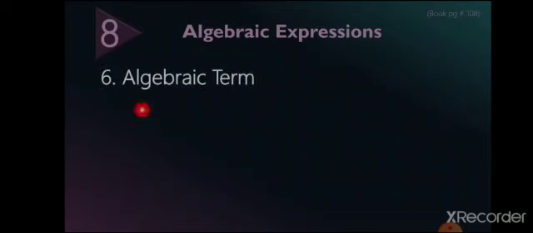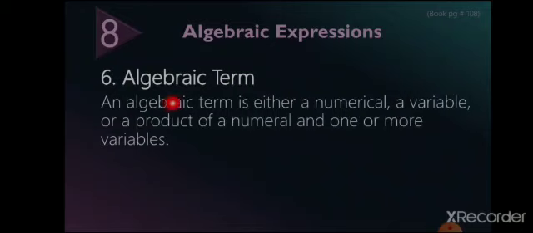Next is algebraic term. An algebraic term is either a numerical or variable or a product of a numeral and one or more variable. Okay. For example, 2y, 3y, xy and 5. So these are the algebraic terms. What is the algebraic term? An algebraic term is either a numerical, a variable or a product of numerals.